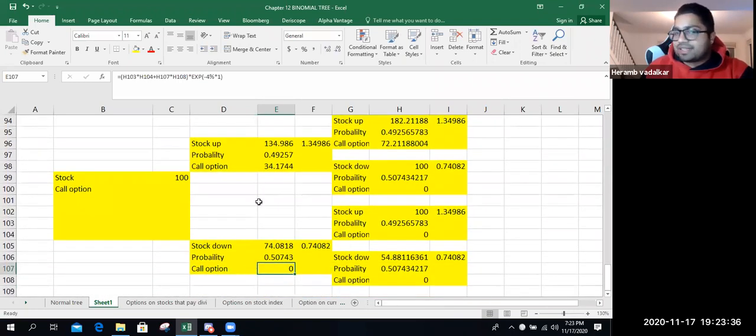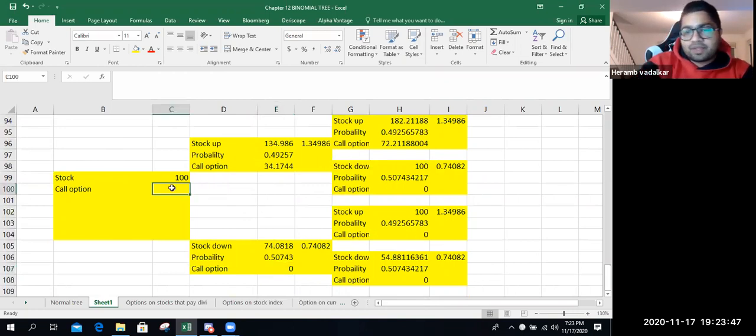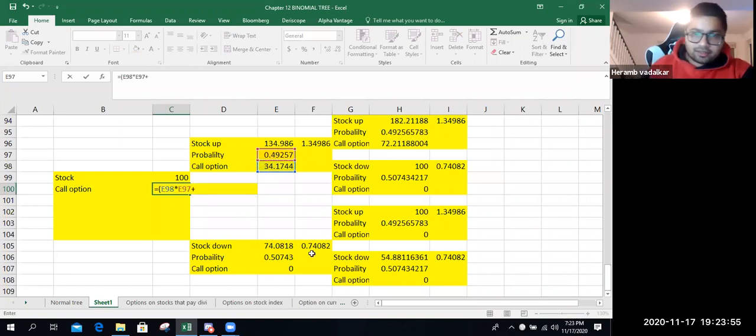We don't want it at time 1. We want it at time 0. So we have to again move backwards. So we moved back once. Now we have to move back again once. Okay. So it will be call option price into probability plus call option price into probability.